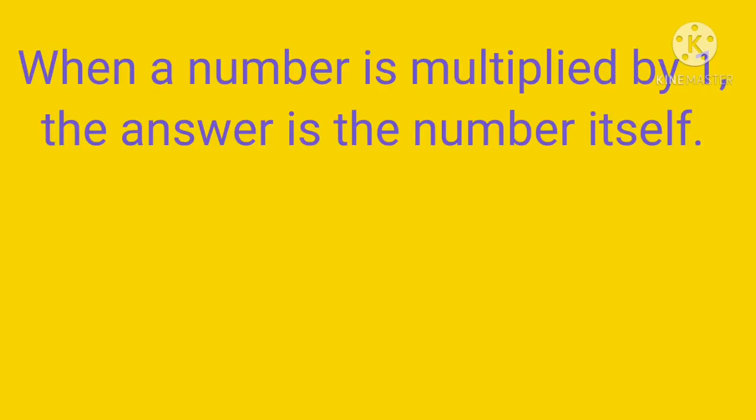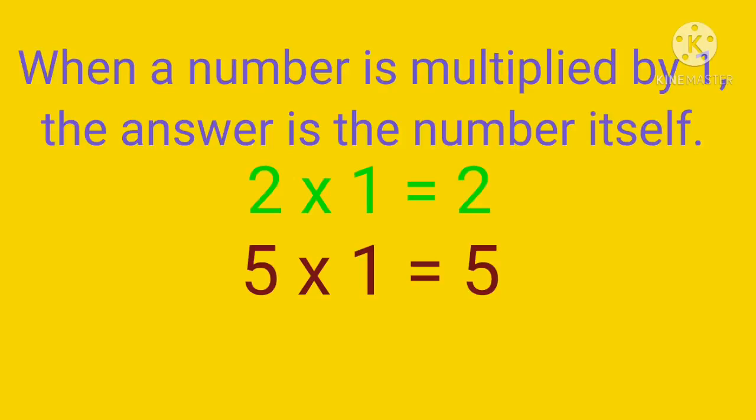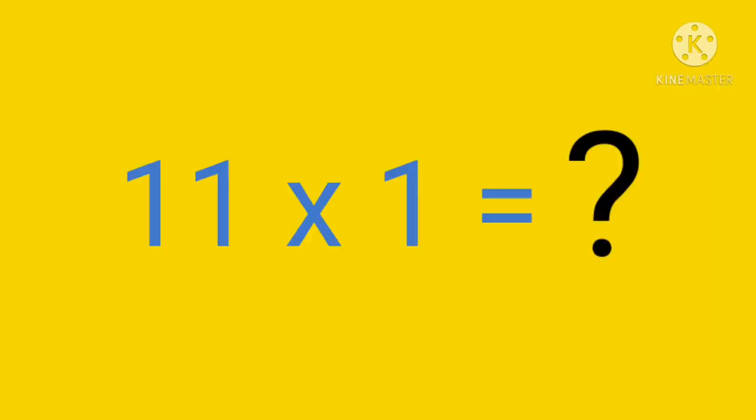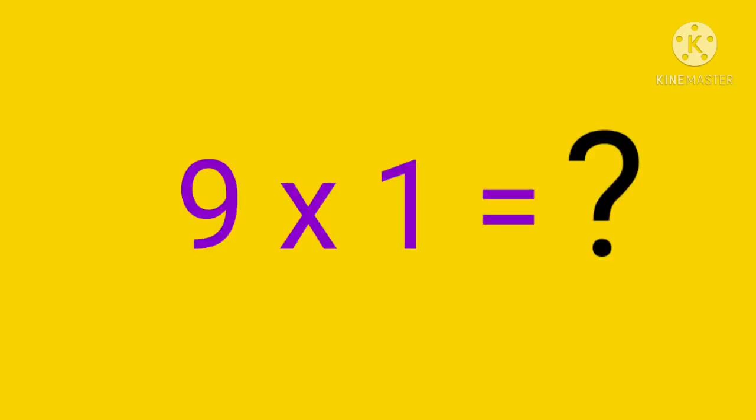When a number is multiplied by 1, the answer is the number itself. For example, 2 multiplied by 1 is 2. 5 multiplied by 1 is 5. 8 multiplied by 1 is 8. You have to answer. 11 multiplied by 1 is? 9 multiplied by 1 is?